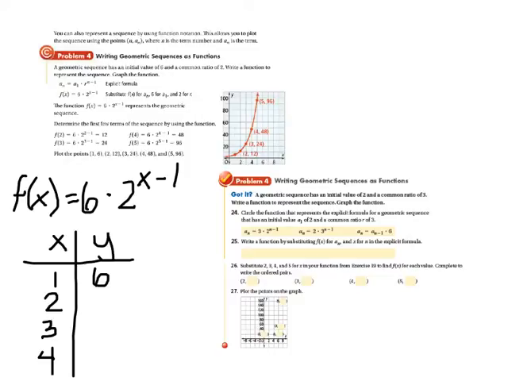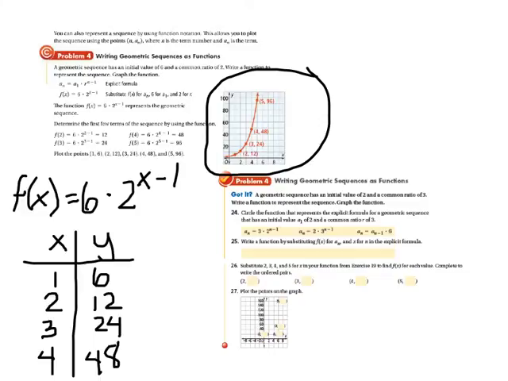If we plug in 2, we get 6 times 2 to the first power, which is 12, and so on. And then we just go ahead and plot them on the graph like they've done here. And then draw our curving lines with the arrows. Notice how this arrow right here does not cross the x-axis.